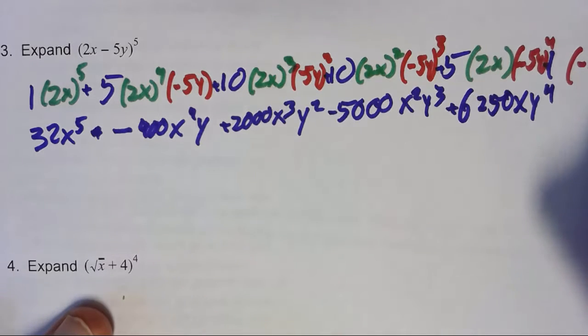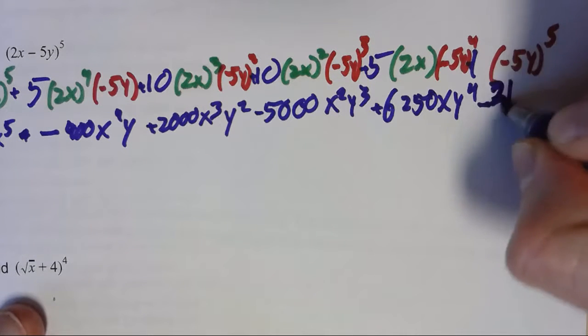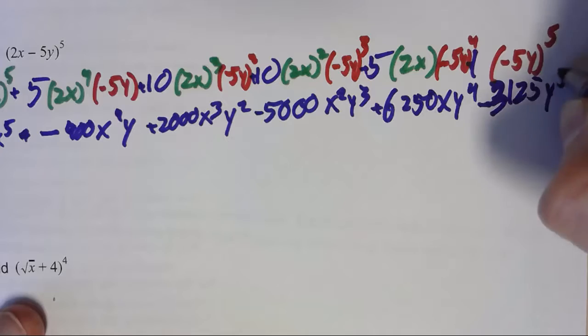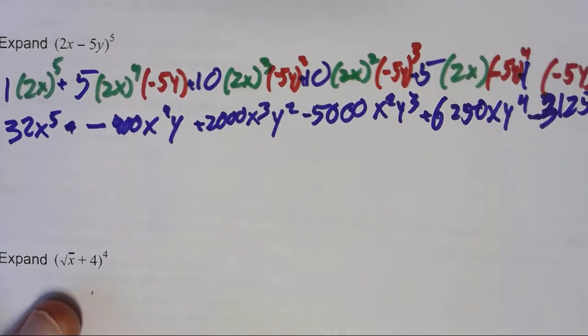And then finally, negative 5 to the 5th is negative 3125, y to the 5th. And so this is the fully expanded binomial.